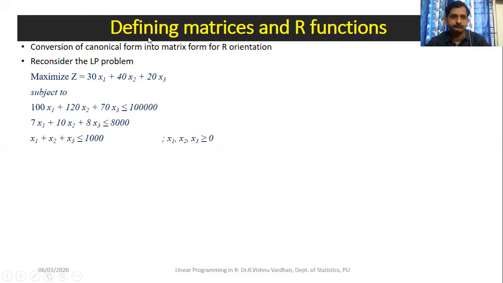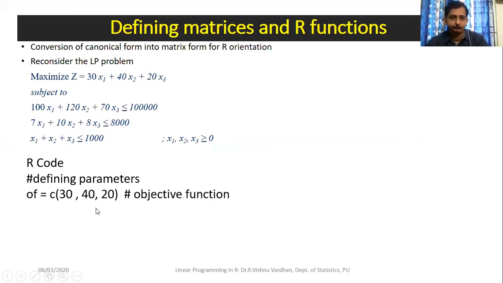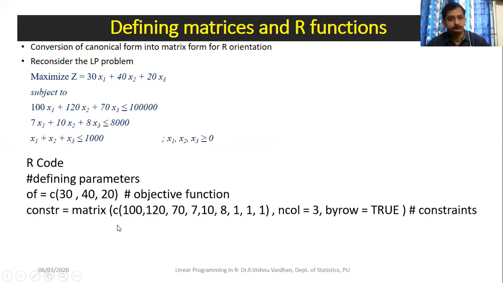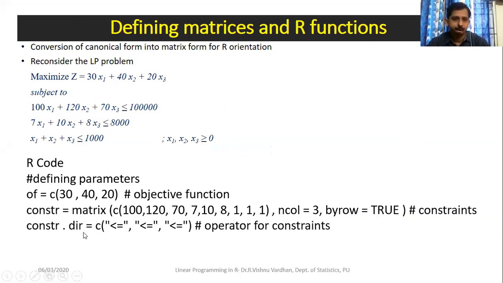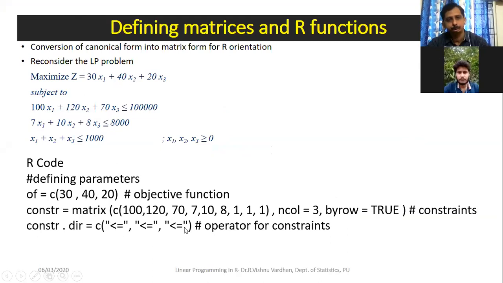Here, if this is the linear programming problem, first you have to define the parameters. Parameters are nothing but your objective function values. Then you have to define the constraint matrix: 10, 20, 120, 70, 7, 10, 8, 1, 1, 1. And then you have to use directions like less than, less than, less than. If it is greater than or equal to, you give greater than or equal to, less than or equal to, and equal to.